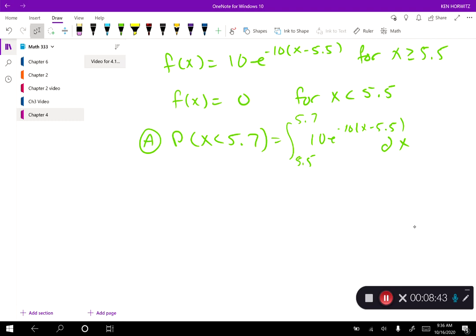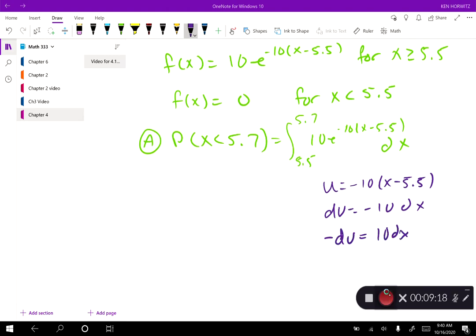So I'm going to use a different color so we can denote the calculus from the statistics. So u equals negative 10 times x minus 5.5, du equals negative 10 dx. Okay. And now we need to make our substitutions.